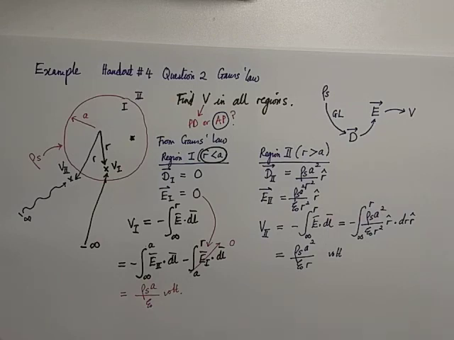So meaning that inside the shell, the potential is constant, whereas outside the shell, the potential is decreasing in value as you are moving away from the center of the sphere. Okay, so that's how you tackle problems about potential.